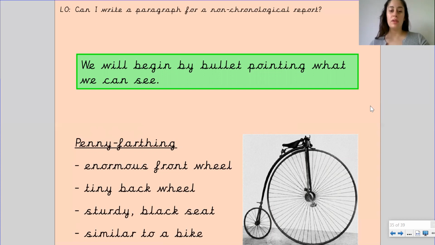You can write bullet points and keywords that are going to help you remember what you're going to write about in your paragraph. So pause the video and you can have a go at reading the bullet points that we've come up with and add any additional things that you can see based on what it looks like. Remember, we're writing a paragraph about what it looks like. So pause the video, read my bullet points and add any that you might think of yourself or you might see yourself.